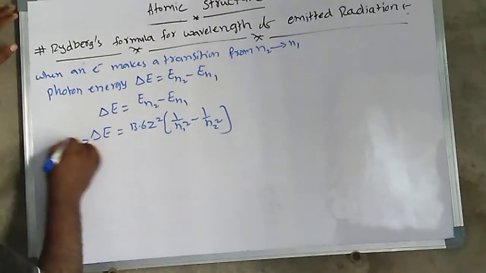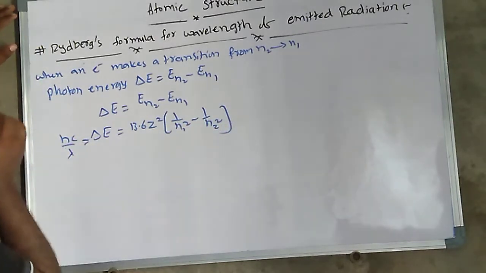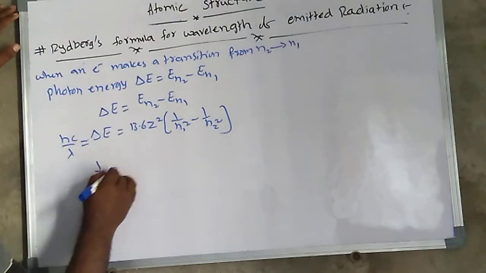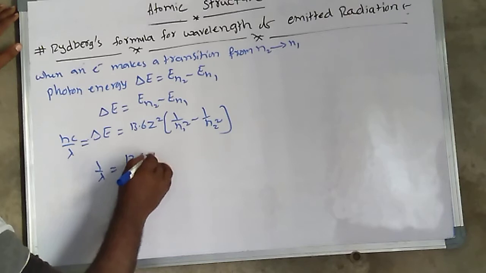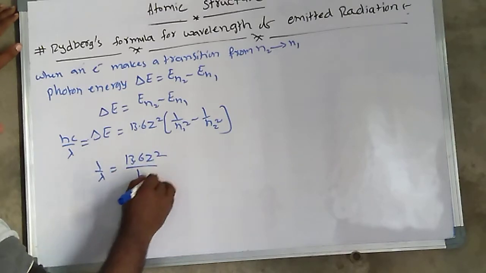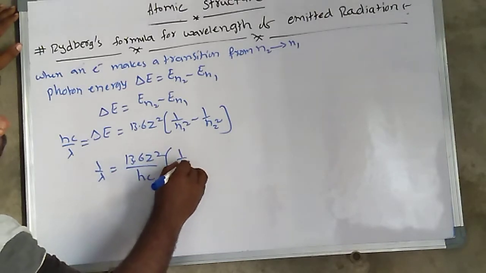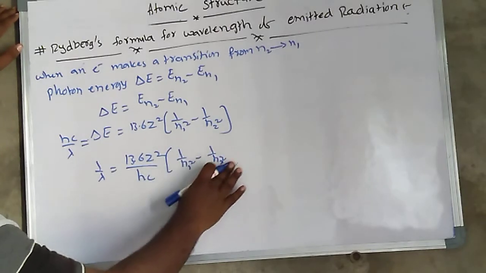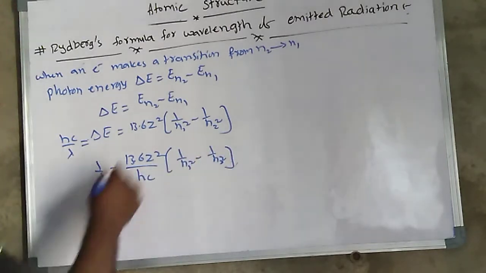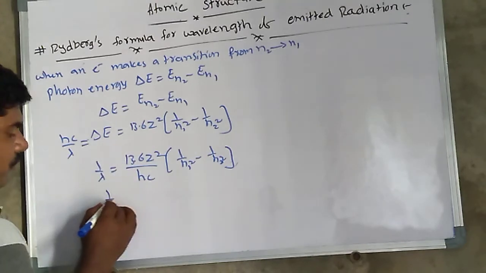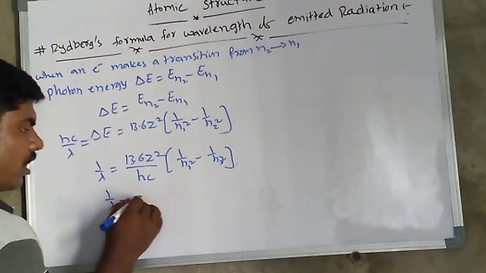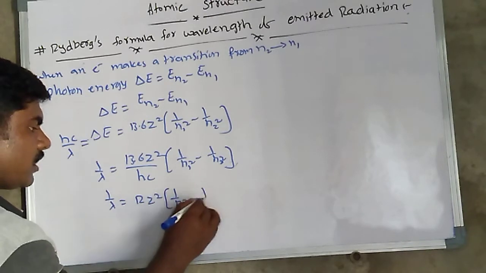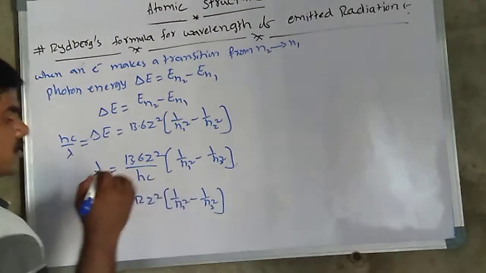This value is equal to hc by lambda. From this, 1 by lambda is equal to 13.6 Z square by hc into 1 by N1 square minus 1 by N2 square. This value is a constant, so 1 by lambda is equal to R into Z square into 1 by N1 square minus 1 by N2 square.